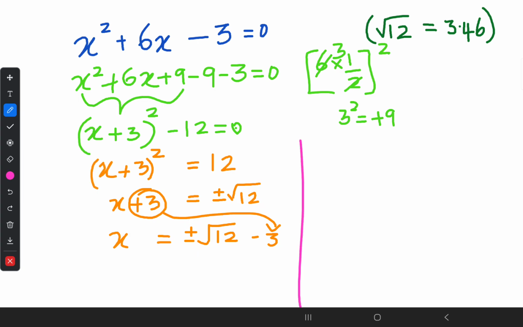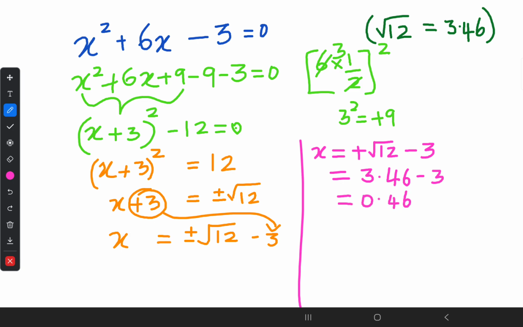Then while finding the solution, one solution would be x equals positive square root of 12 minus 3. The square root of 12 value is already given. It is 3.46, minus 3, so it is 0.46. This would be a solution.